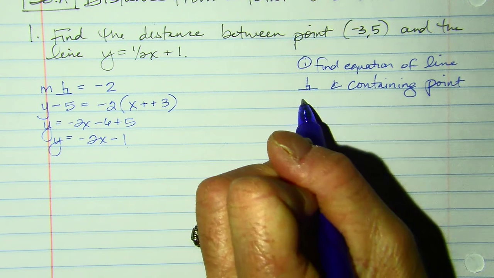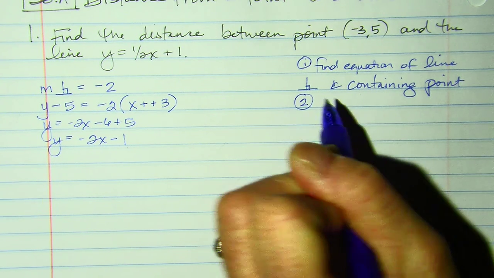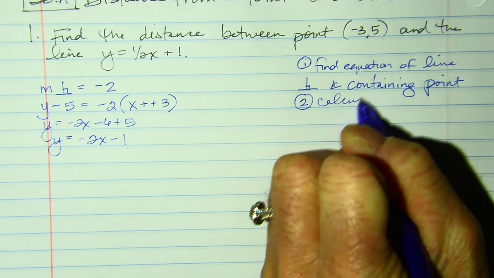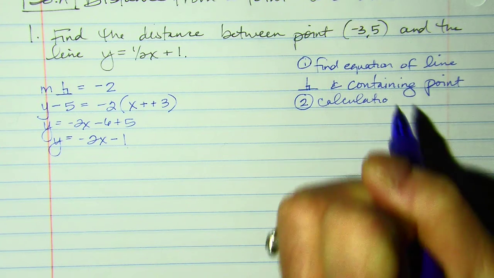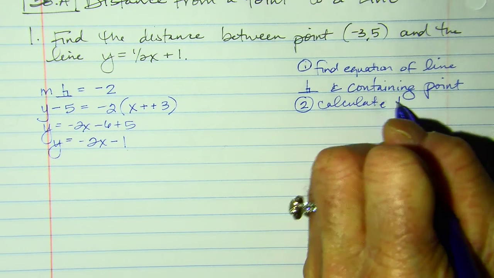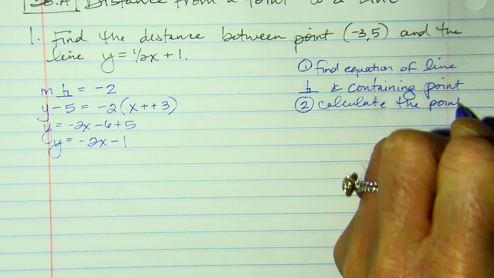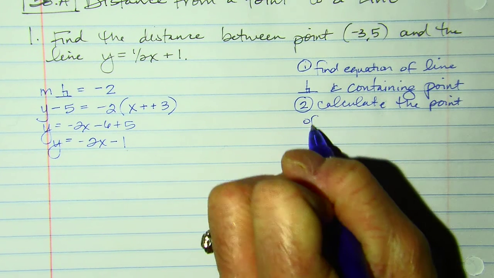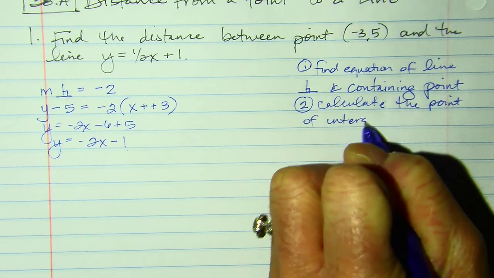The second step I'm going to do is calculate the point of intersection between the two lines.